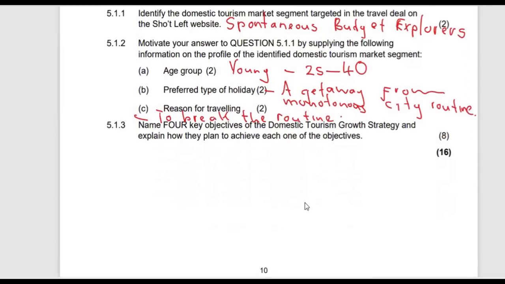strategy and explain how they plan to achieve each one of the objectives.